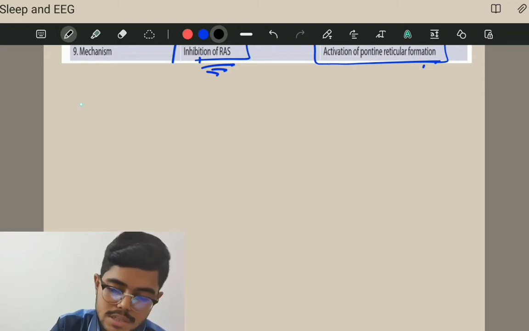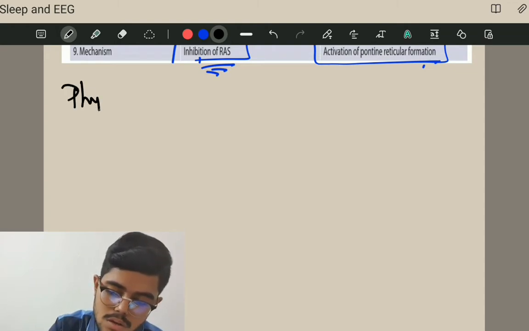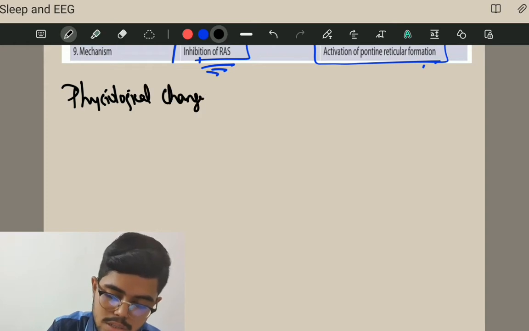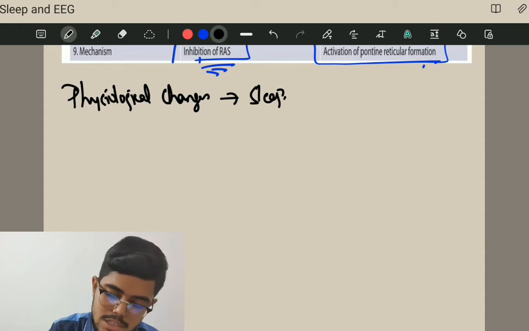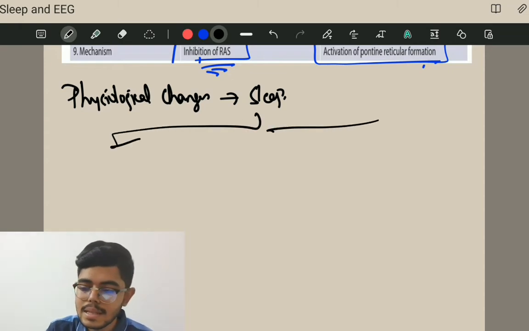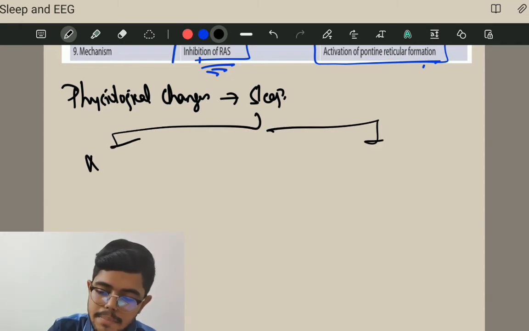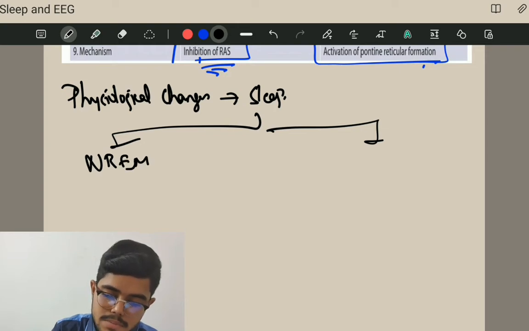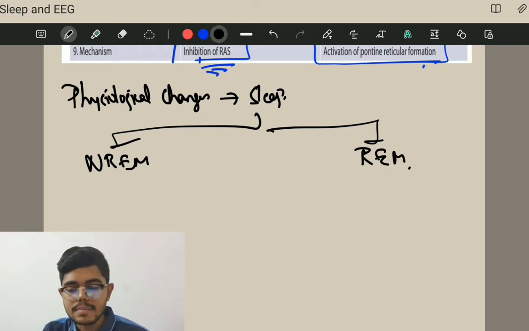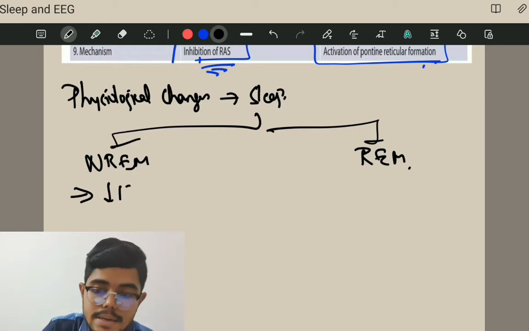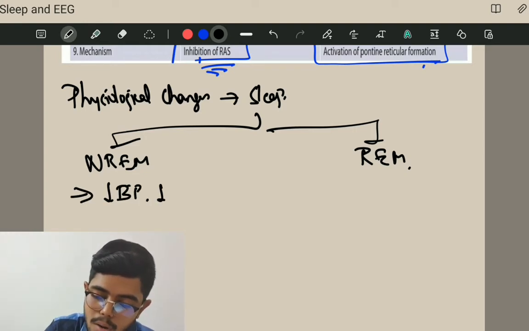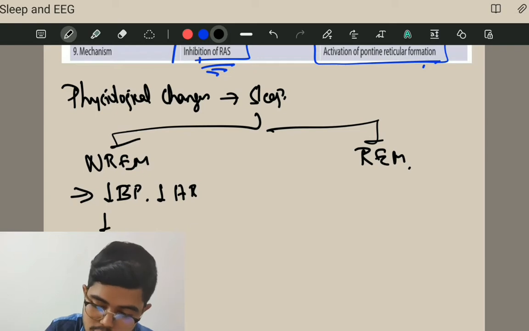Now let us move on with something very important: what are the physiological changes occurring during sleep? Let us segregate between the NREM and REM sleep. In NREM sleep, we all know there will be decrease in the BP, decrease in the heart rate, and also decrease in the temperature.